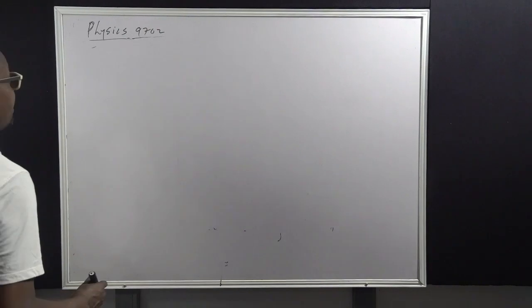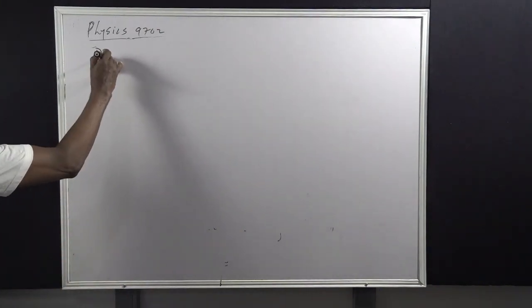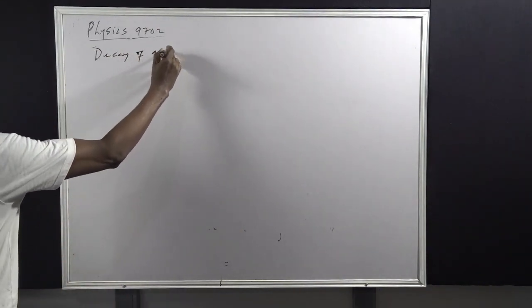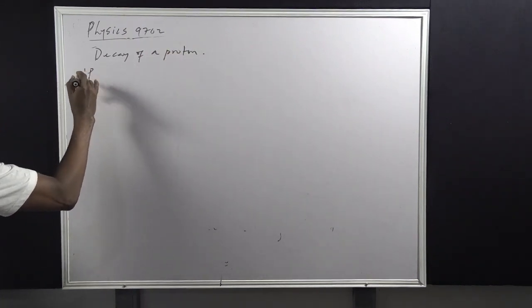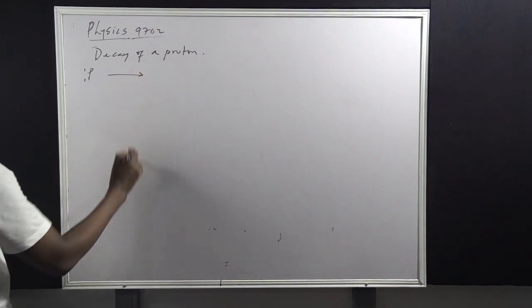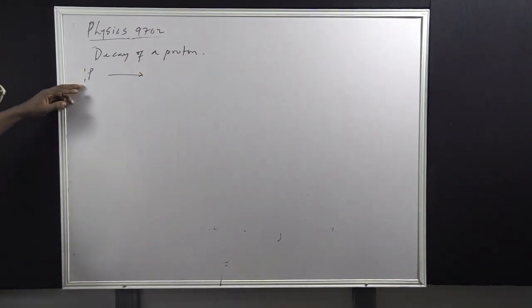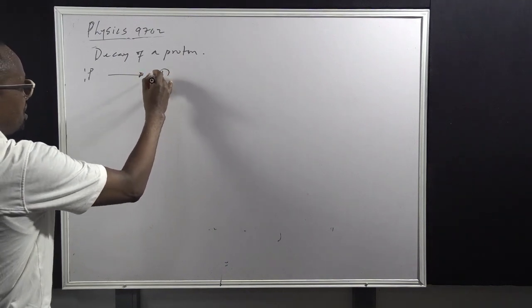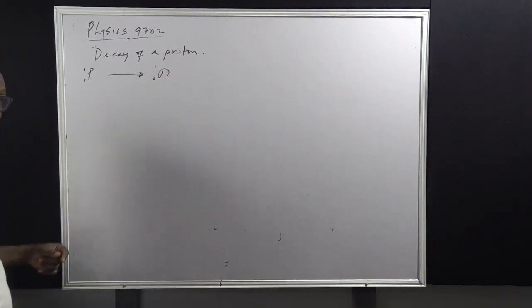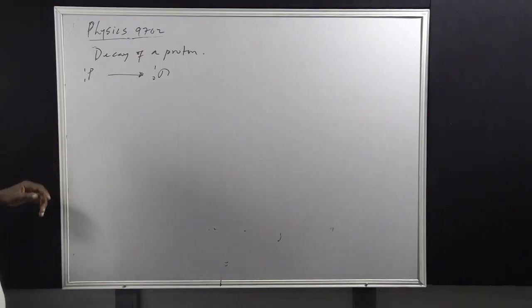So, very quickly, let's talk about the decay of a proton. A proton, 1, 1, has nucleon number 1, proton number 1. It disintegrates to produce a neutron, 1, 0, in the nucleus. All these are occurring in the nucleus.